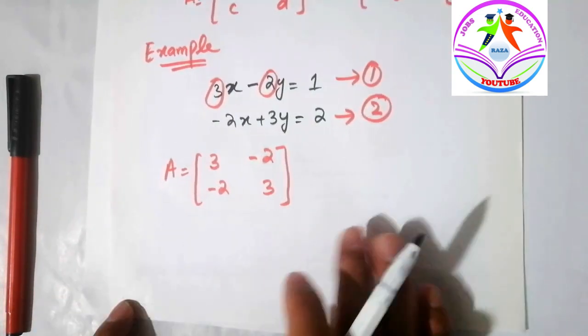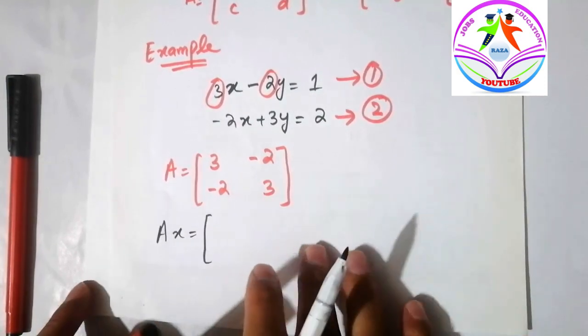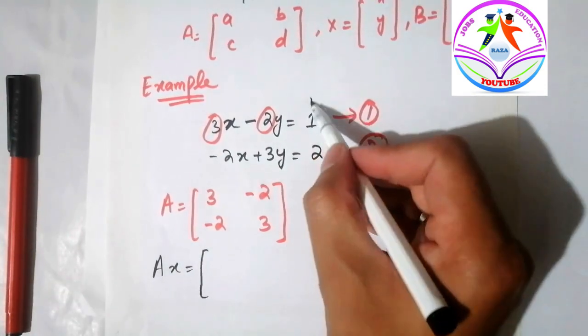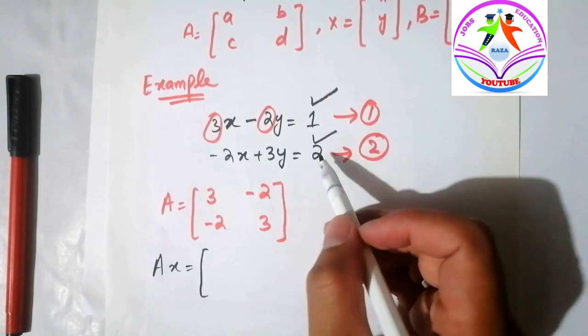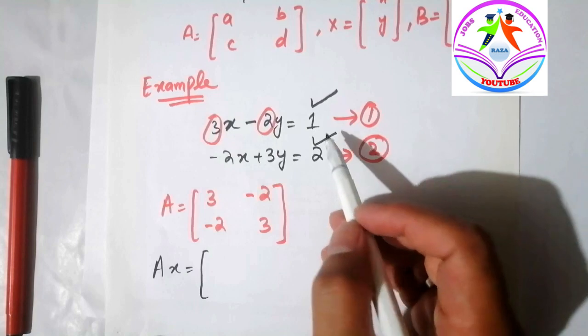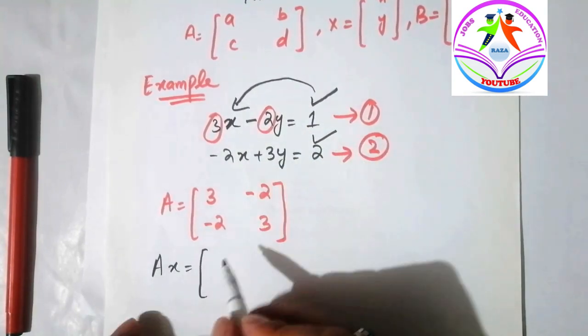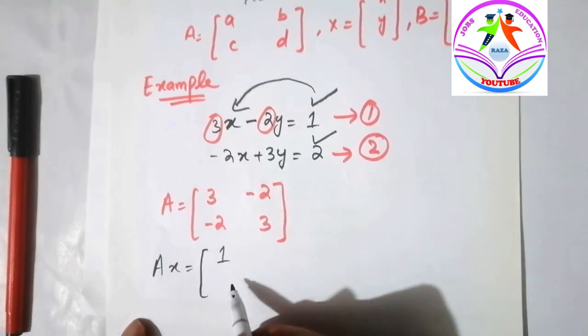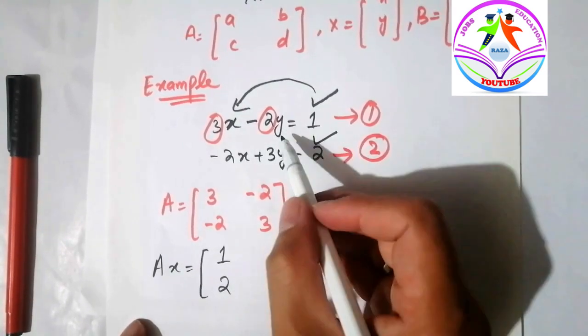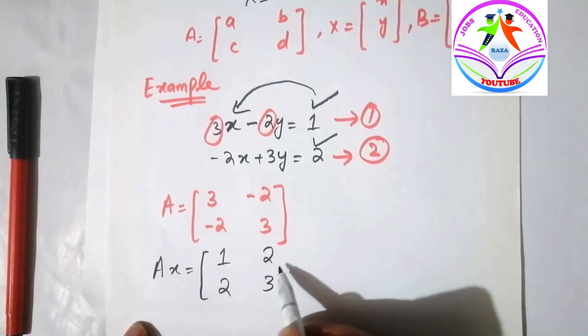In the AX matrix, we take these constant values and swap them into the X column, so we write 1 and 2, and the Y values will remain. So this will make our AX matrix [1, minus 2; 2, 3].